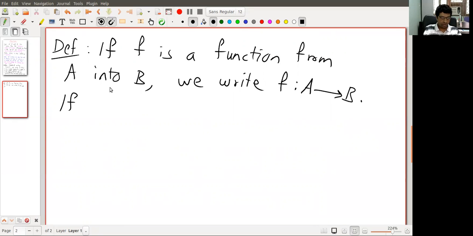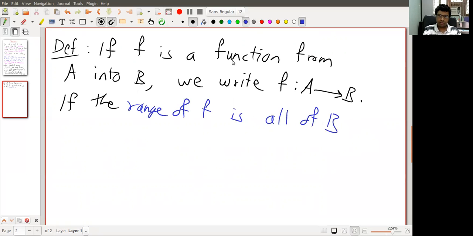If the range of f is all of B, then we say that f is an onto function.